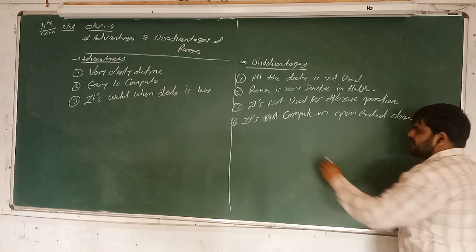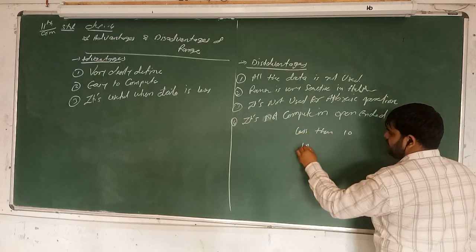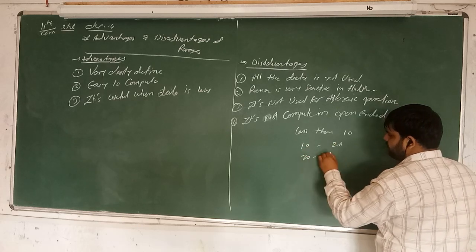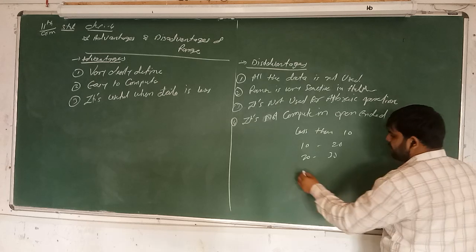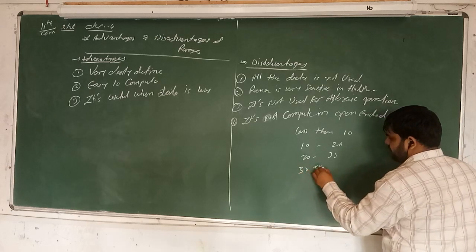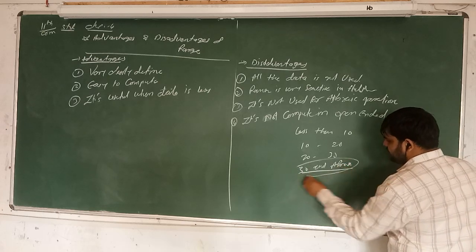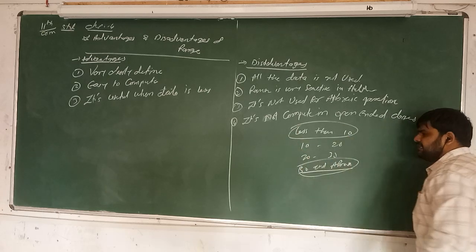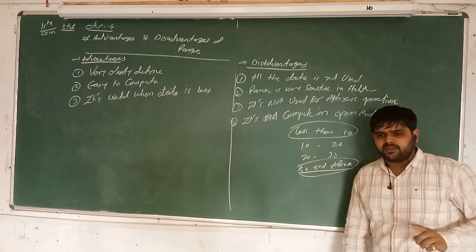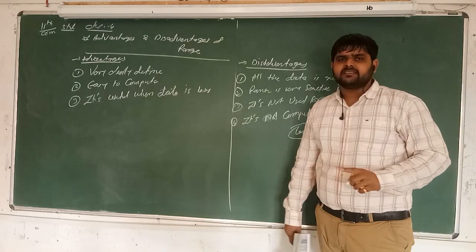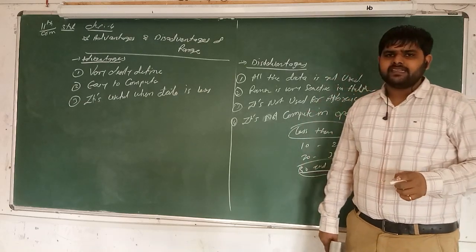For example, less than 10, then 10 to 20, 20 to 30. Less than 10, but how much? Or for example, 30 and above, but above how much? In open-ended classes we cannot find the range, because to find the range both the minimum and maximum values are needed.